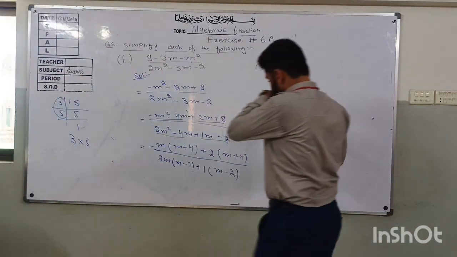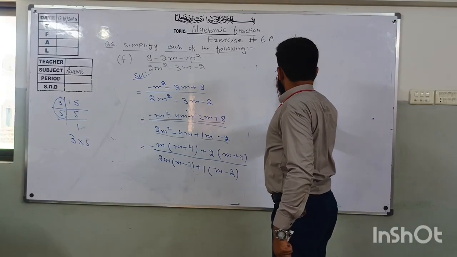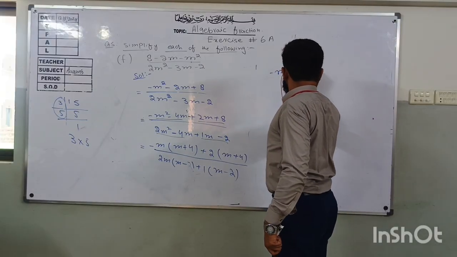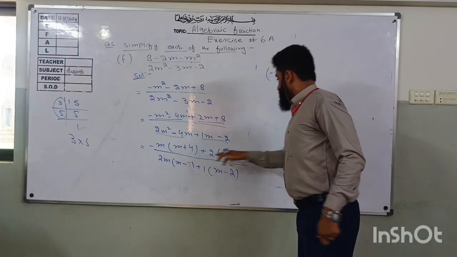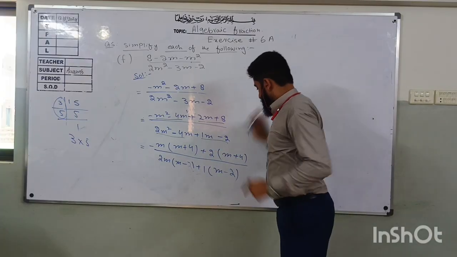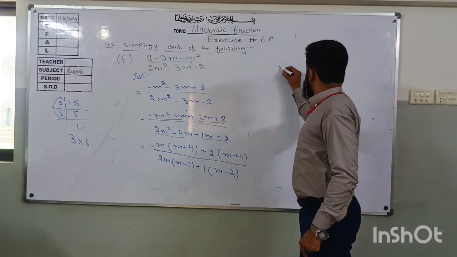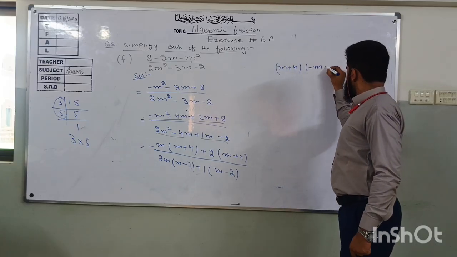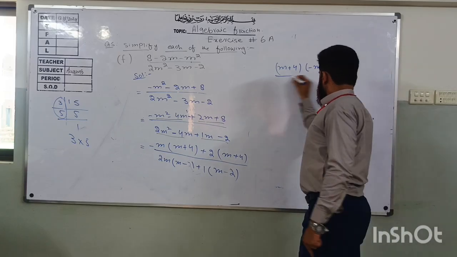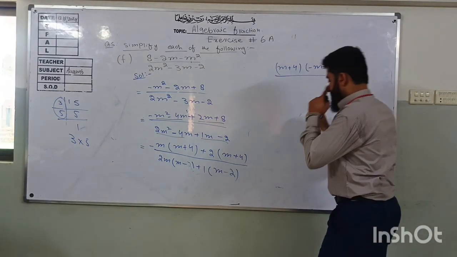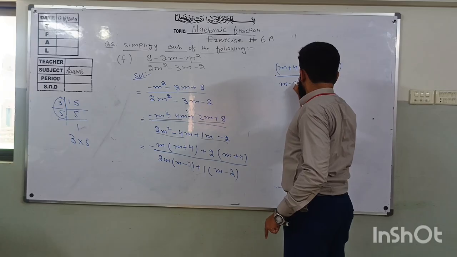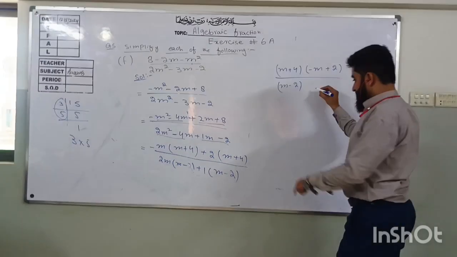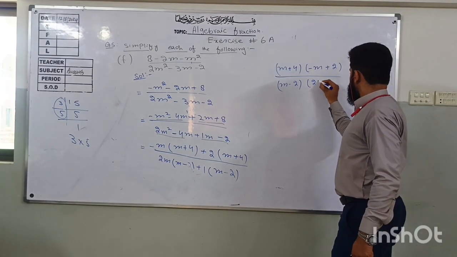Next step, in this case minus m plus 2. What will we take common again? m plus 4 into minus m plus 2. In the denominator, m minus 2 is again common, and remaining is 2m plus 1.